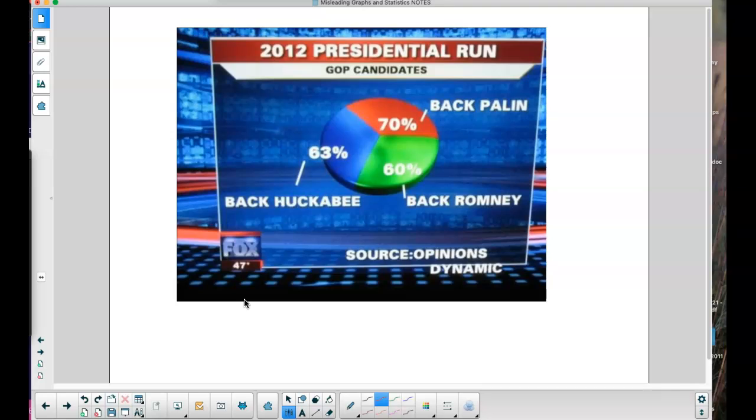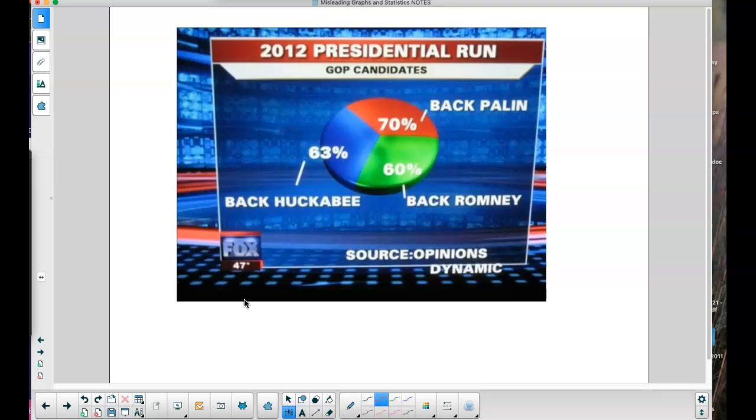Right. So aren't circle graphs supposed to add up to 100%? We know that as kids, but somebody was hired to make this graph, and they put it on the news. They should go back to 7th grade, because that is not correct.